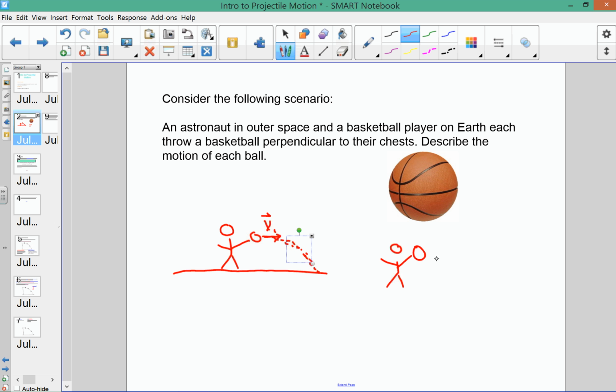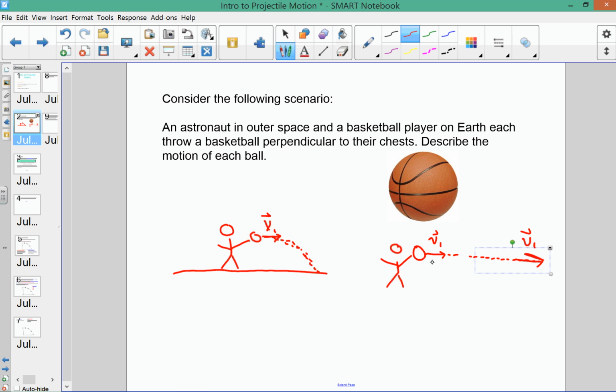But now, here we've got our astronaut in outer space, not affected by any other forces. As soon as the astronaut releases his basketball, the basketball will no longer be experiencing any forces at all. So the velocity it starts out at will be exactly the same velocity it continues on with pretty much forever until it reaches something else that exerts a force on it.